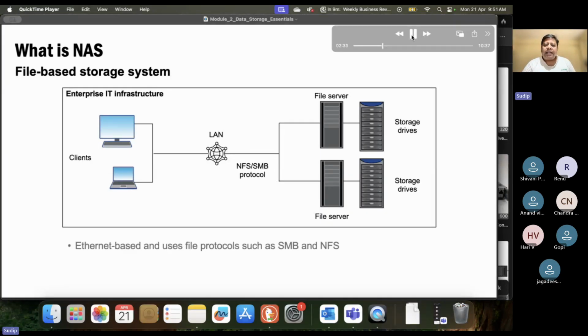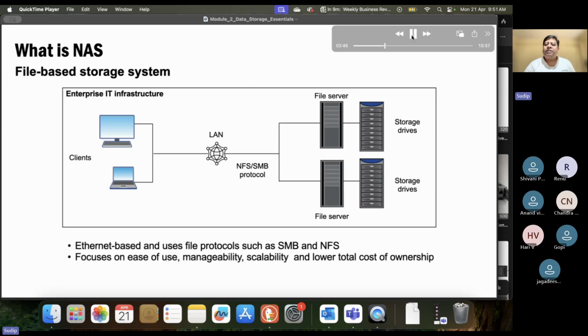And what are the characteristics? This is mostly on copper only. Very few implementations you will see on fiber optic. Okay. It uses separate kind of protocols called SMB and NFS. We will understand what they are. And as I said, because it is less expensive, mostly you will see these kind of storages from a volume perspective.